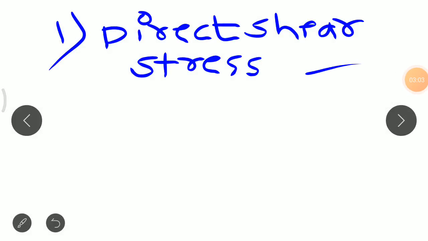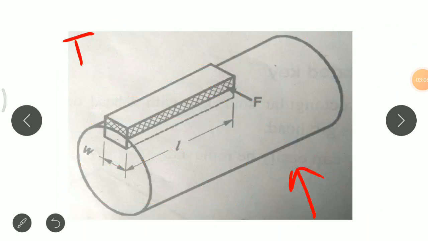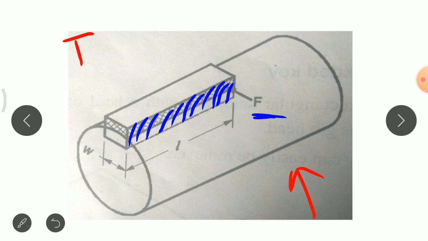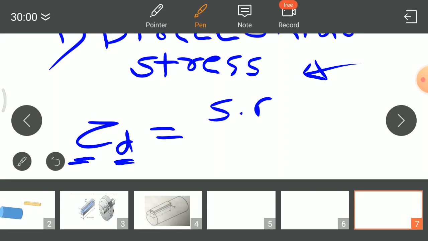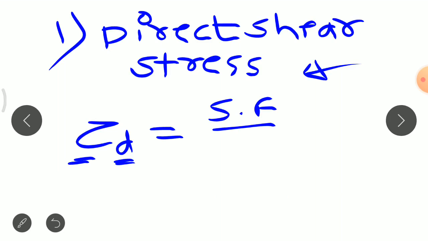In this condition, that is the direct shear stress condition, the force F is applied or developed in this direction, and we know that the direct shear stress formula is tau D, where D is for direct and tau is for shear stress, and we know that the formula is shear force divided by resisting area.